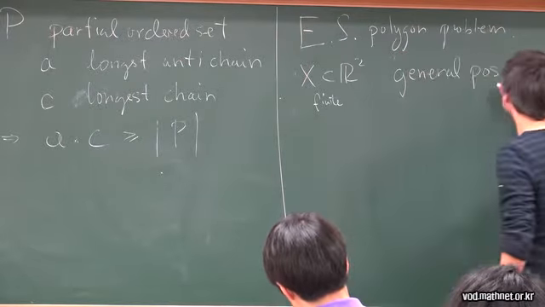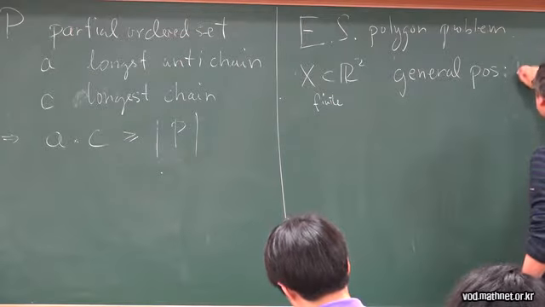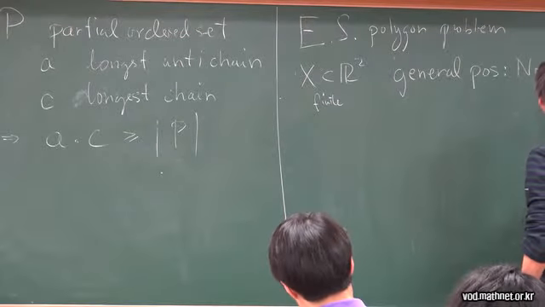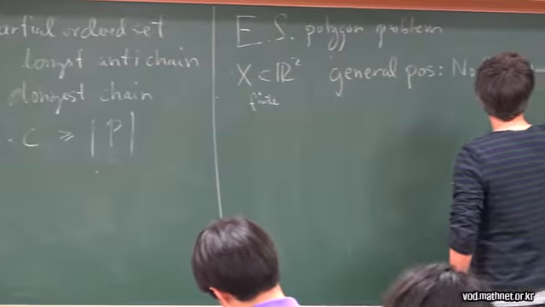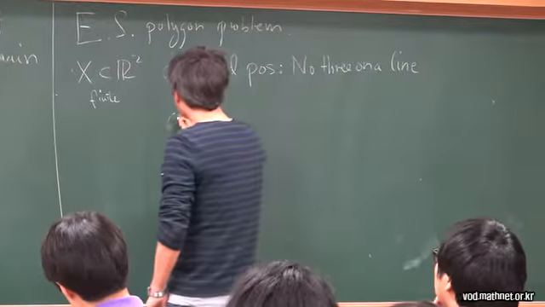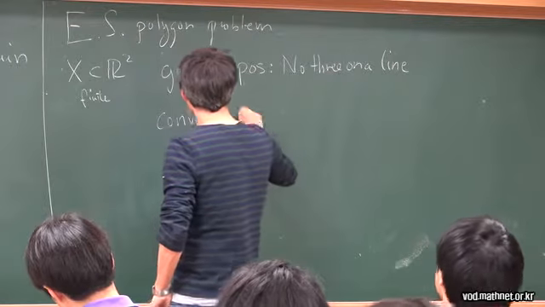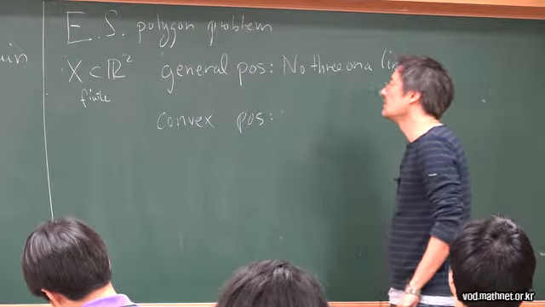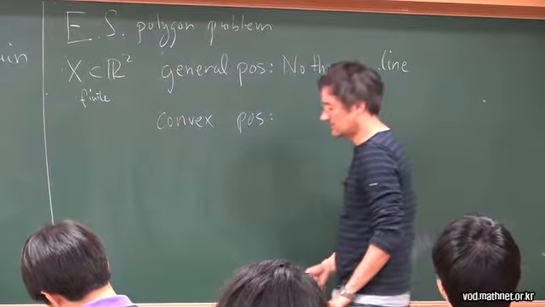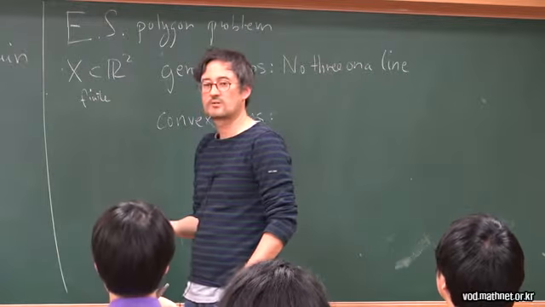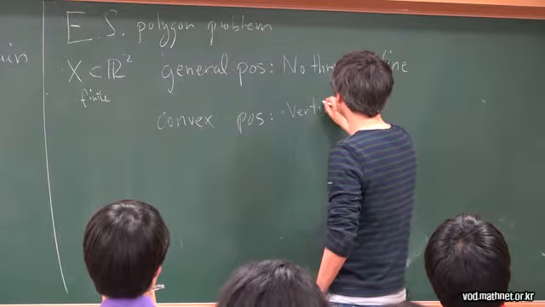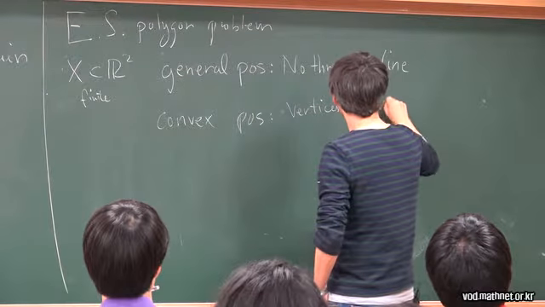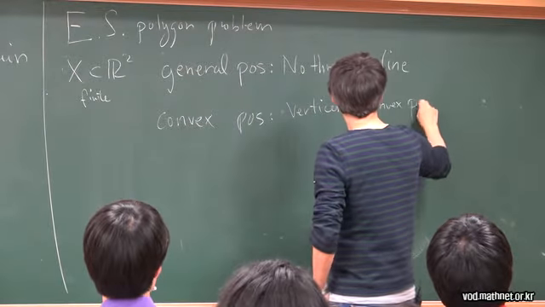General position simply means no 3 on a line. And convex position means that they are the vertices of a convex polygon. Okay?